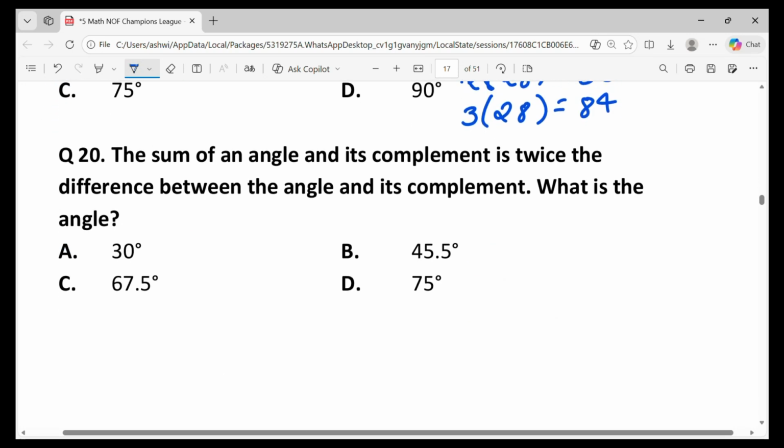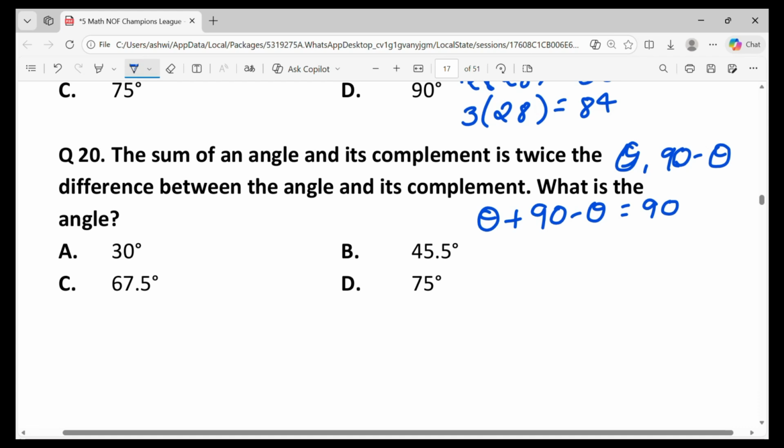Question 20. The sum of an angle and its complement is twice the difference between the angle and its complement. What is the angle? Let the angle be theta and its complement be 90 minus theta. The sum of the angle and its complement, that is theta plus 90 minus theta, is equal to 90.